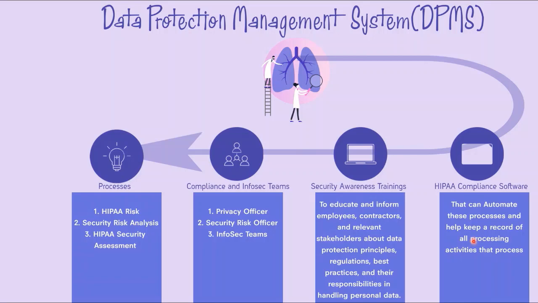We will not talk about any specific software, but rather about what these softwares do, how they can be used by the organization to handle compliance more effectively and to keep a record of all activities involving personal health information, and how compliance management software can help in running this data protection management system effectively. We will be going a little deeper into it on the next slide.